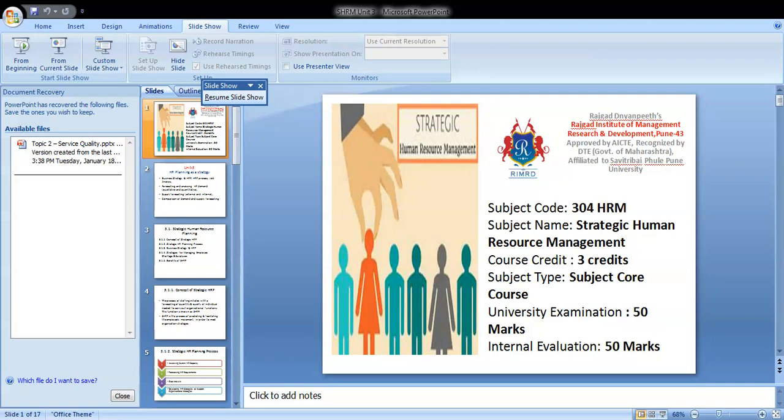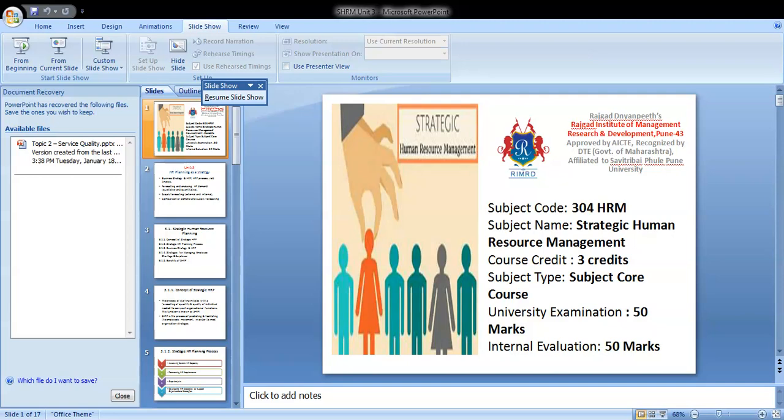Then the fourth step in job analysis is information collection. This step includes certain aspects while collecting the data, like types of job analysis information, persons involved in information collection, and methods for data collection.